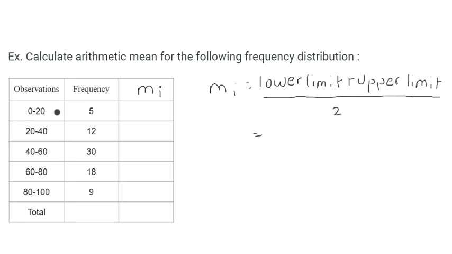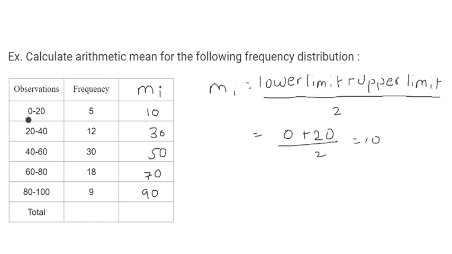So lower limit 0 plus upper limit 20 divided by 2 is 10. In the same way, we calculate all the mid values. The next mid value is 30, then 50, 70 and 90.